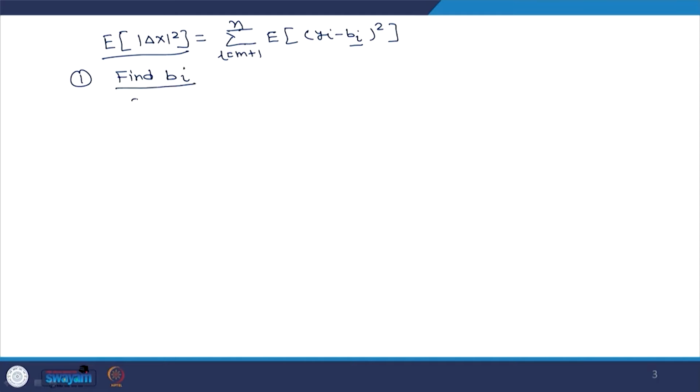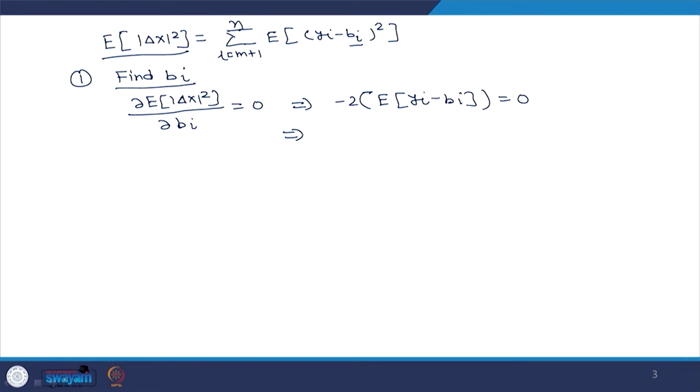For finding b_i, I take del E upon del b_i equals 0, and this gives minus 2 times E of (y_i minus b_i) equals 0. This means b_i equals E of y_i.